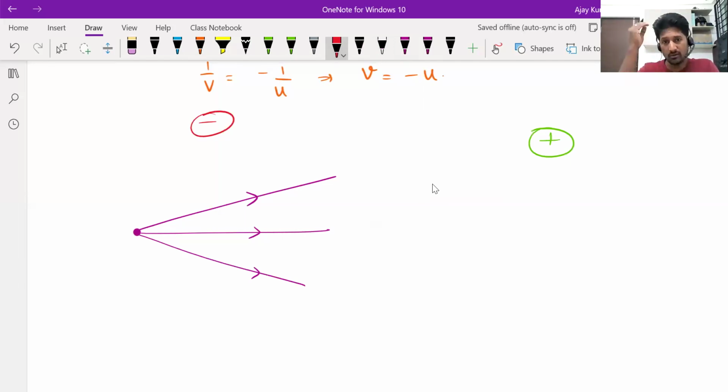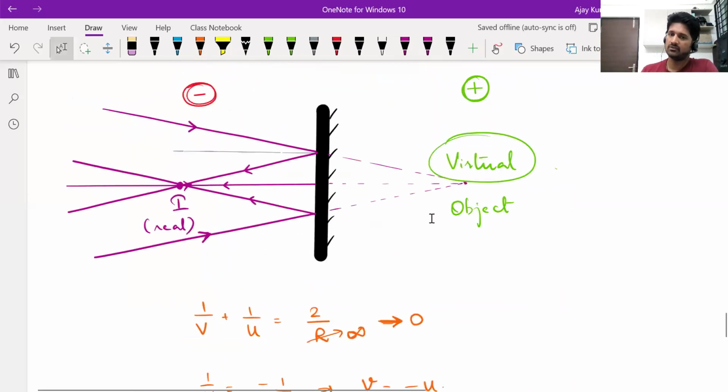For a real object, object distance is always negative, whether it's a mirror, refracting surface, lens, glass slab, anything. For a real object, object distance will be negative. But for virtual objects, object distance will be positive because the incident rays are traveling as if they meet on the other side. That is where the object will be considered, and that's the side to which incident rays are traveling. So that side will be positive. So object distance becomes positive.